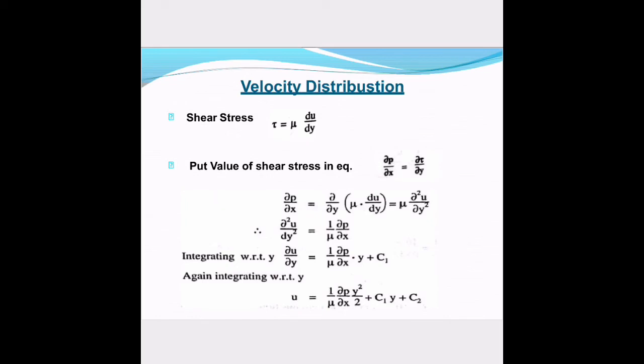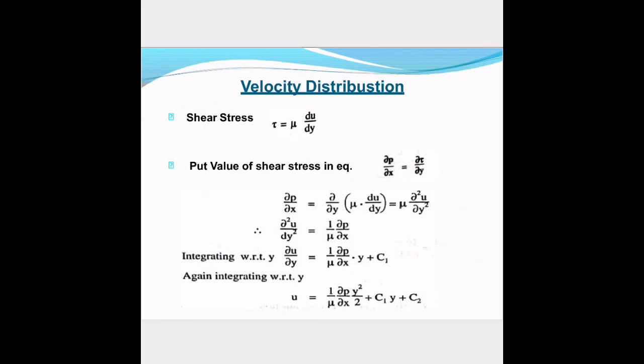If you take del square u by del y square to the left hand side, it will be del square u by del y square equal to 1 by mu del p by del x. After that we have to integrate this equation.